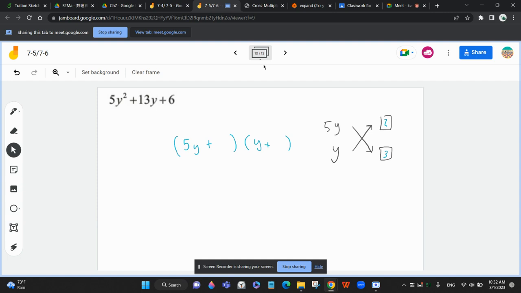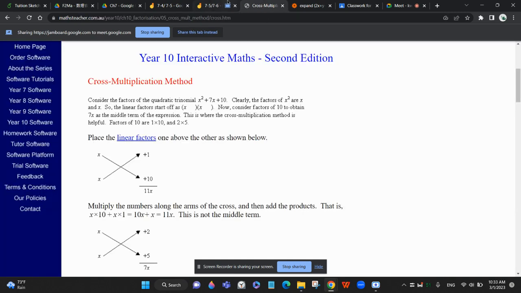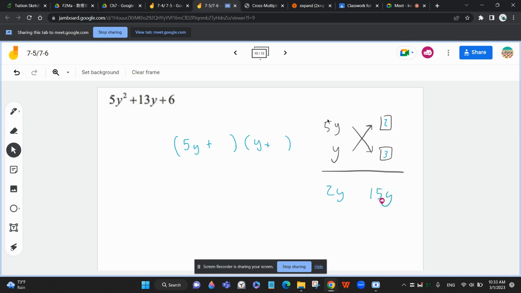Yeah, and then how do we check is that if you look at the arrows over here, you see that this 5 times 3 you get 15, and then the 2 times y you get 2y. And then these two add up will get 17y. And you look at the question is 13y, right?